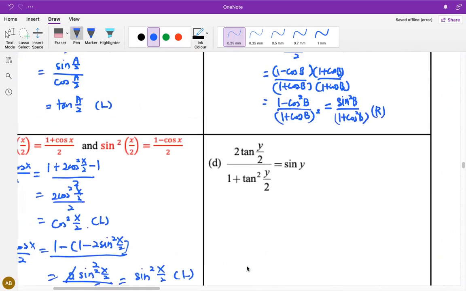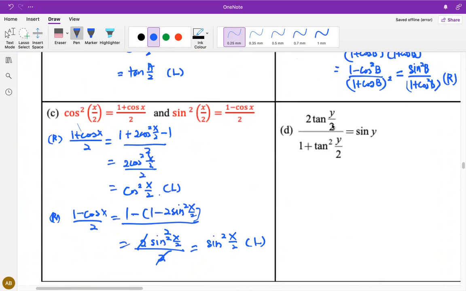So how about D? D, how to prove 2 tangent y over 2 over 1 plus tangent square y over 2 becomes sine y?